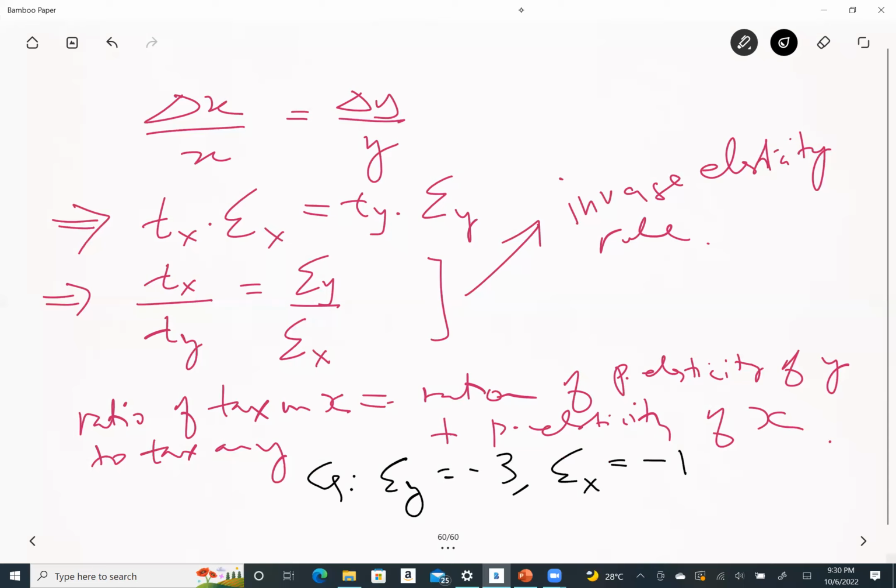Now, which one is more elastic, Y or X? When you look at elasticity of demand, we know it's always negative. But when you look at the degree of elasticity, you disregard the negative sign.